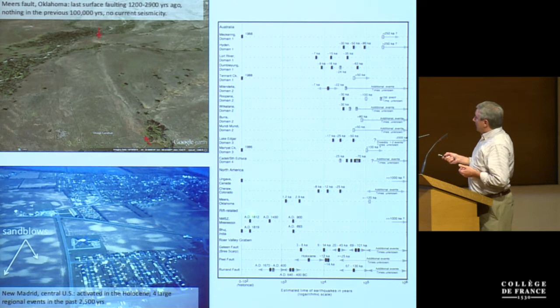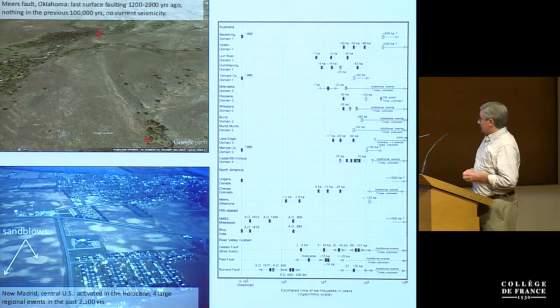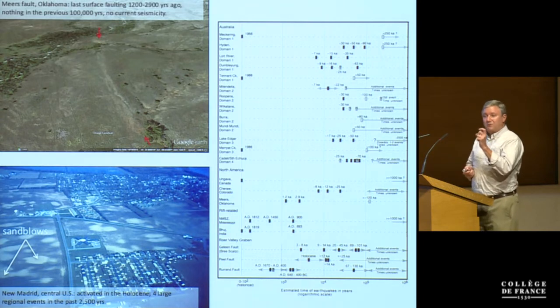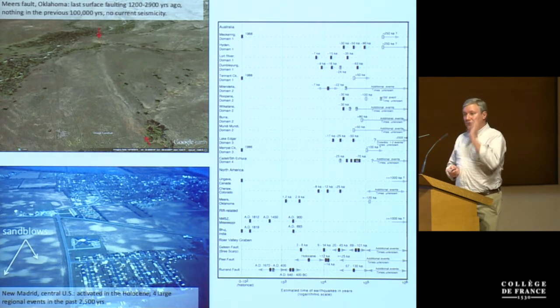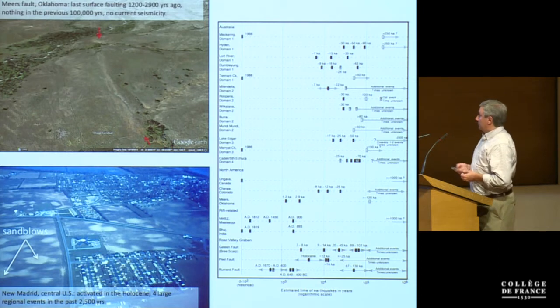North America, the New Madrid seismic zone, which is shown here on this line. Bhuj, India, we heard about it, and closer to us, the Ruhr Valley Graben in Western Europe. And each of those black boxes is an earthquake that is recognized and dated, and there are numerous ways to do that in trenches or using sand blows.